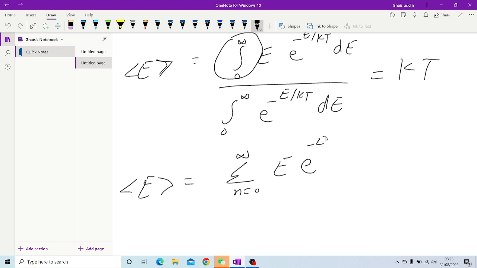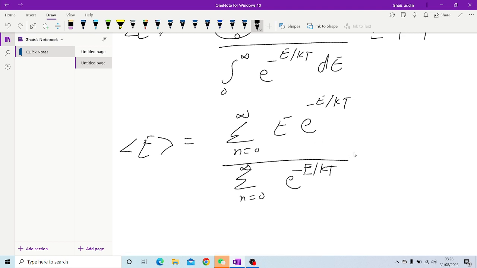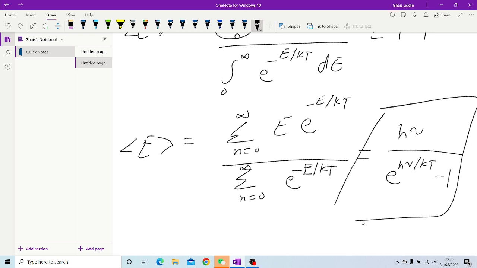The result is h nu divided by e to the power h nu divided by kT minus 1. So we are going to derive this relation.